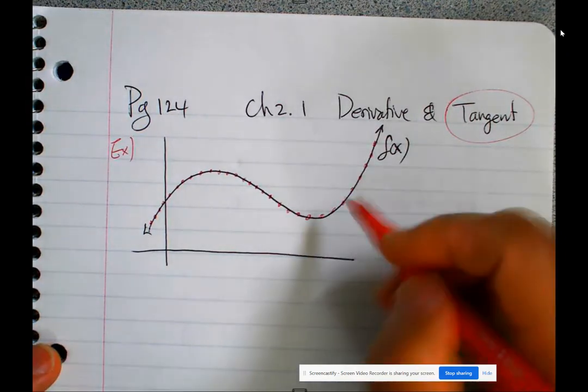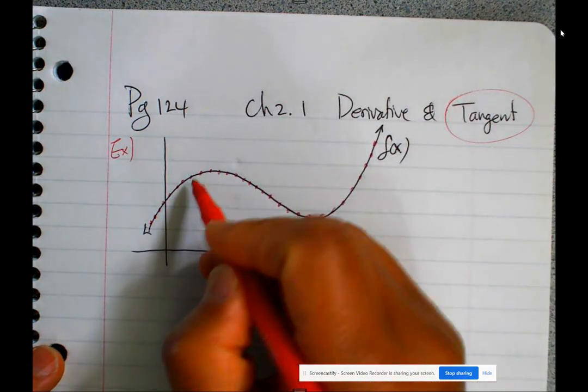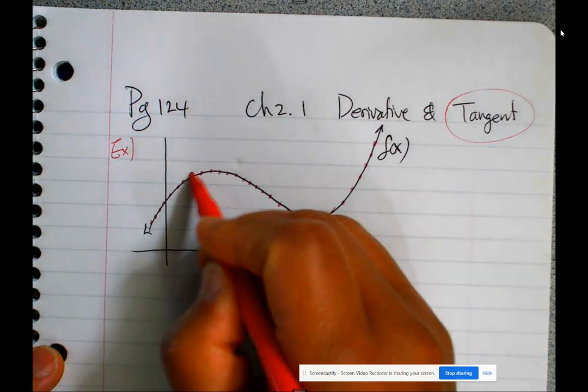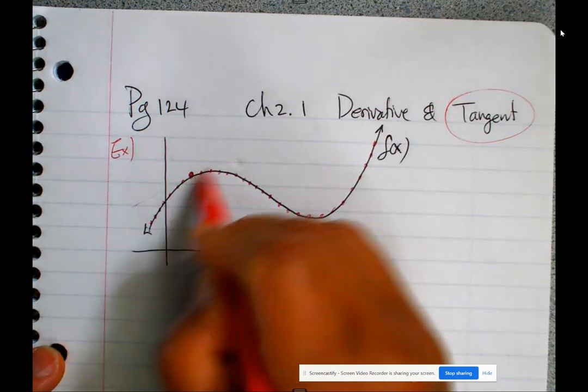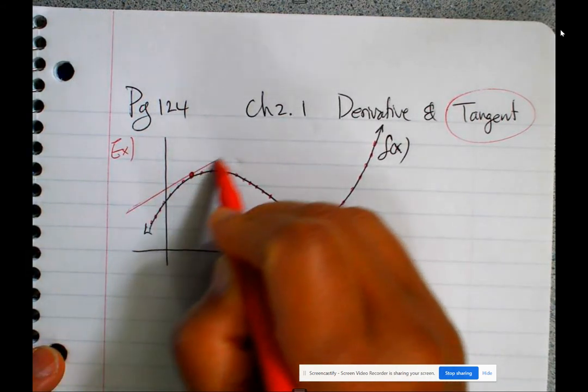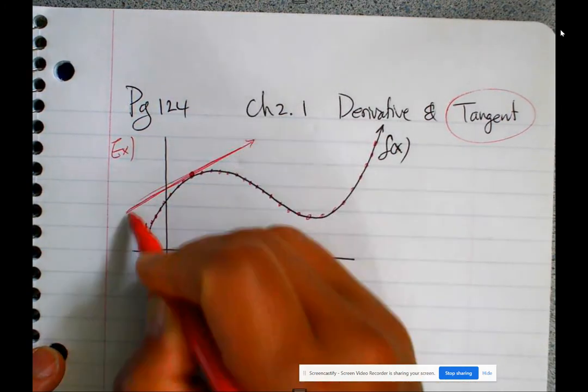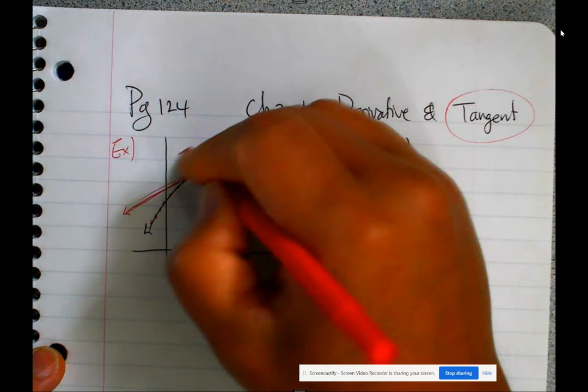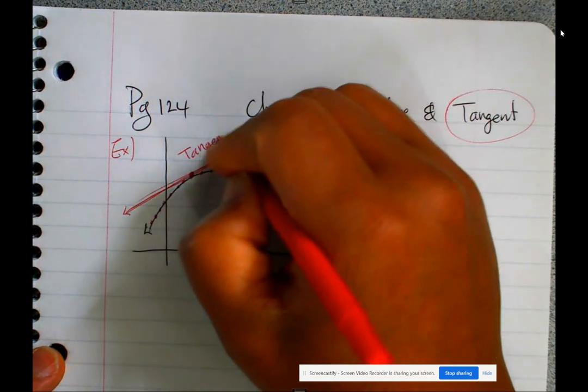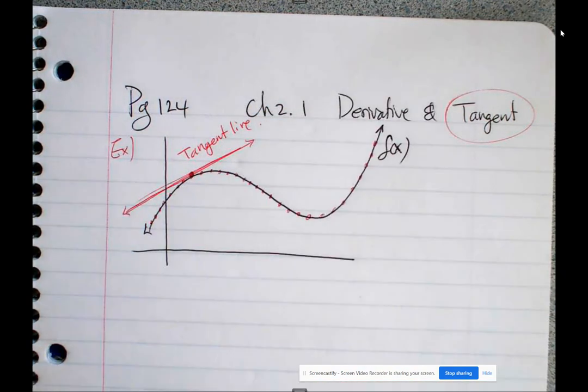And anywhere along the curve, let's say right here, do you see this point? If I draw a line that is barely touching at that corner, we call this a tangent line. That will be your tangent line.